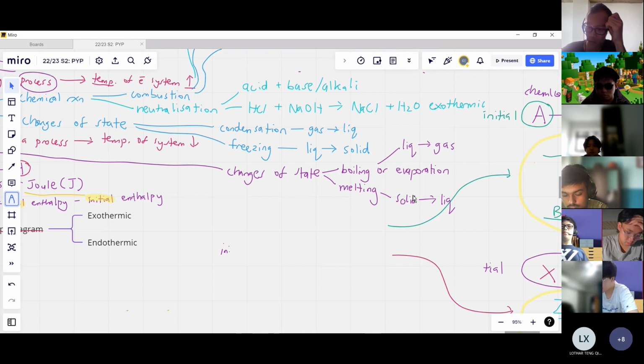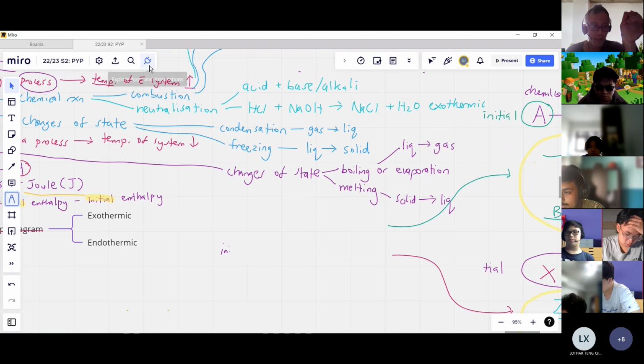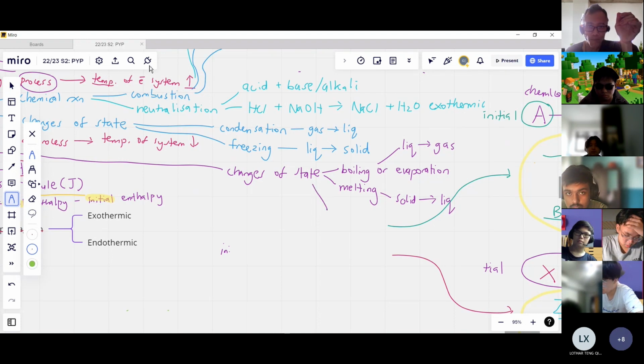Okay, I just want to introduce one last change of state, which may or may not come up. Okay, the last one is sublimation. Just add this in somewhere, even though it may or may not come out.